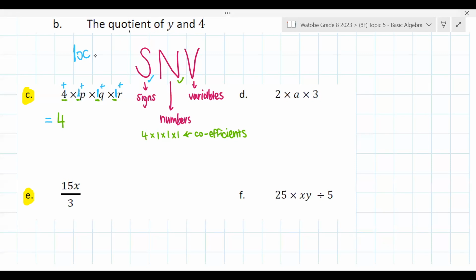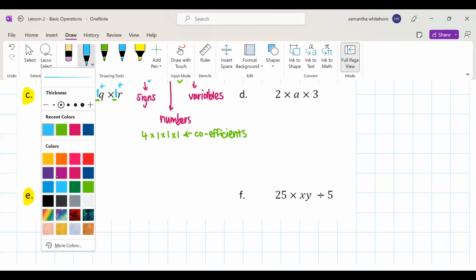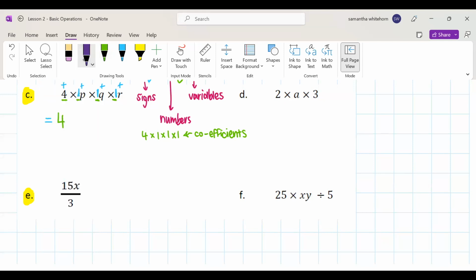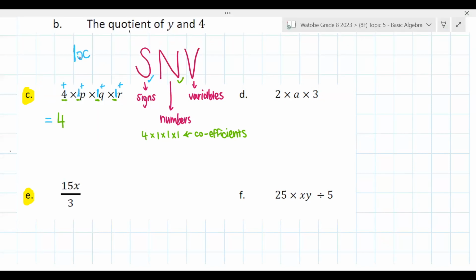And then finally, I deal with my variables. This will become a lot more important once we've spoken about exponents. But remember, we can't really change anything unless the variables are the same. So when I've got P times Q times R, because all of those variables are different, I can't do anything with them.